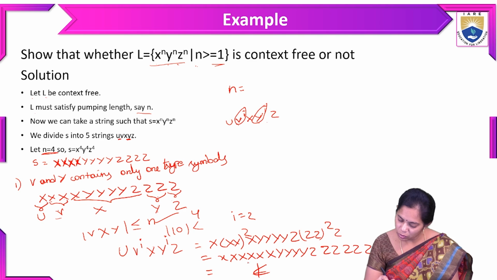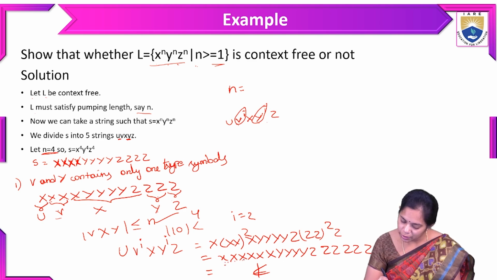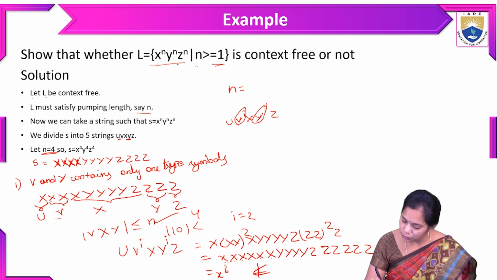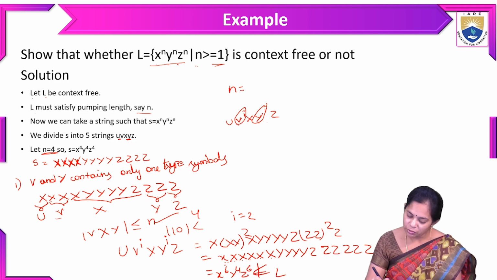Why? Because x power 1, 2, 3, 4, 5, 6, so x power 6 is there, and y 1, 2, 3, 4, so y power 4, and z power 6. So this is not in the given language.